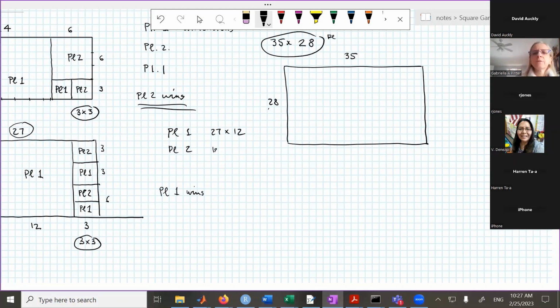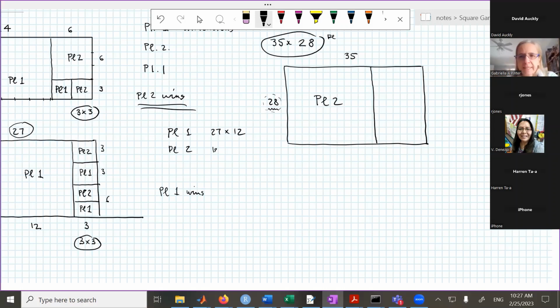Wait, so one dimension is 28, right? So the largest square that will fit will have side 28, because it cannot be more. The 35 by 35 does not fit in the rectangle. So it would be a 28 by 28.